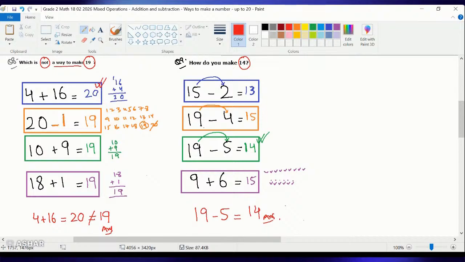But what we need to see is, in question number 8 and 9, which option is our requirement. In question number 8, we were trying to find not a way to make a 19. In question number 9, we are trying to find a way to make a 14. Okay, thank you.